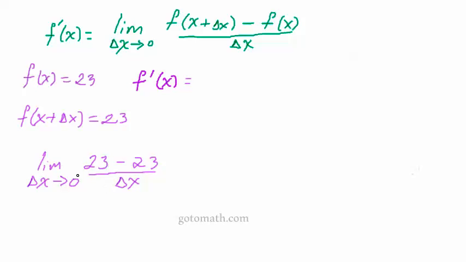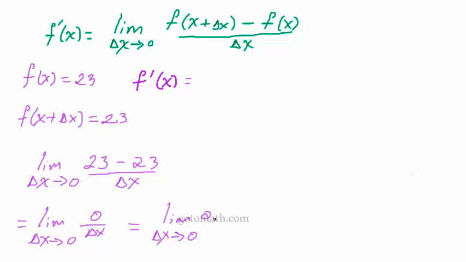Alright, now we can simplify this down. We have the limit as delta x approaches 0. Now this just becomes 0 over delta x, but 0 over some number is just 0. So this gets simplified down to 0.